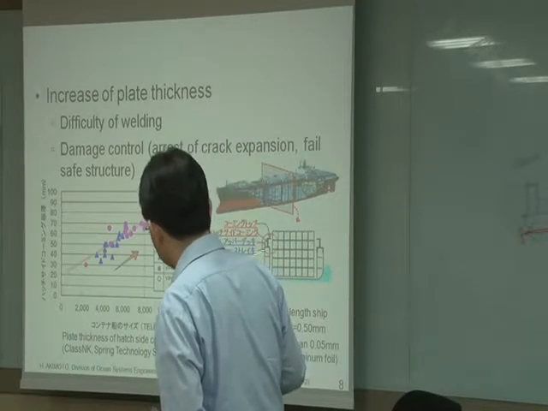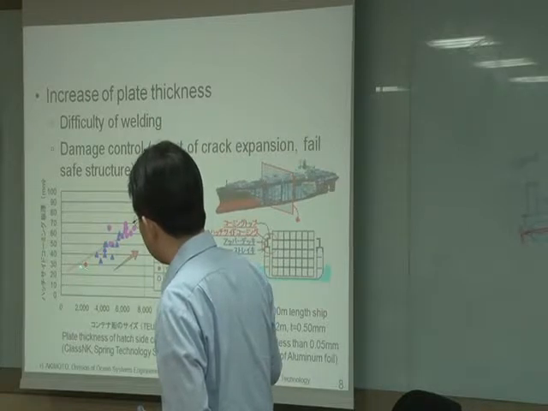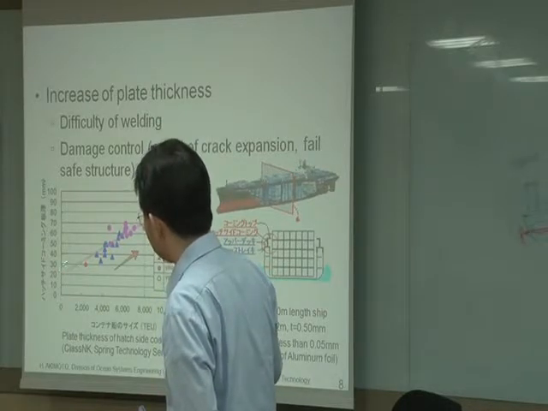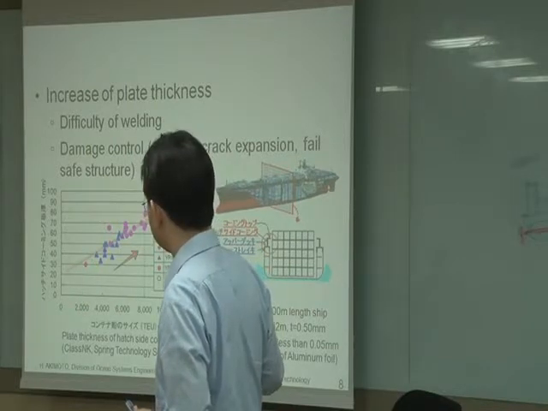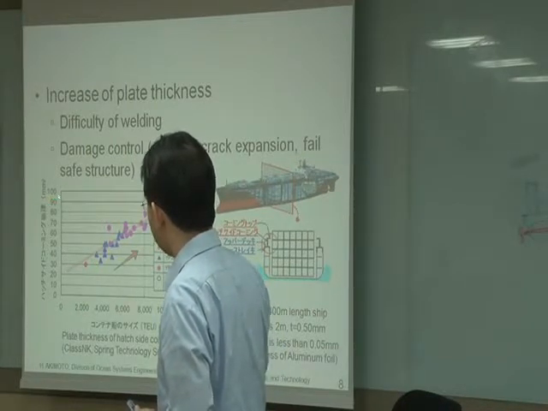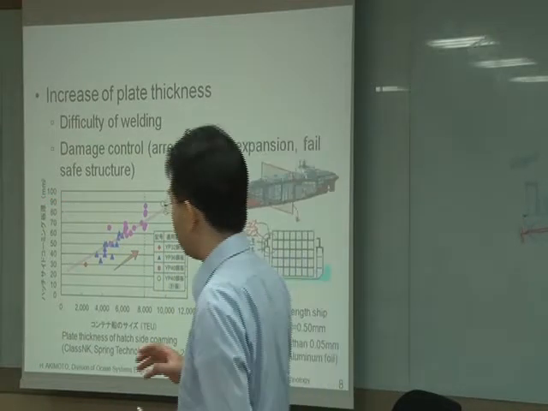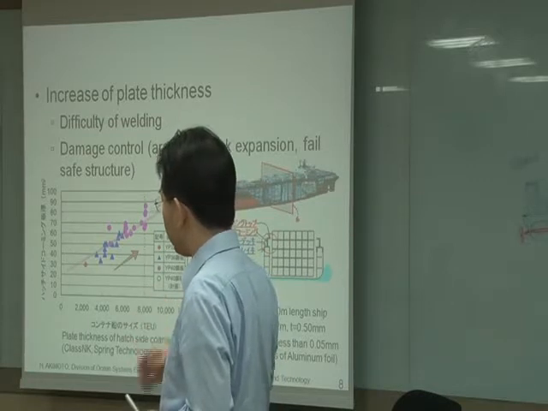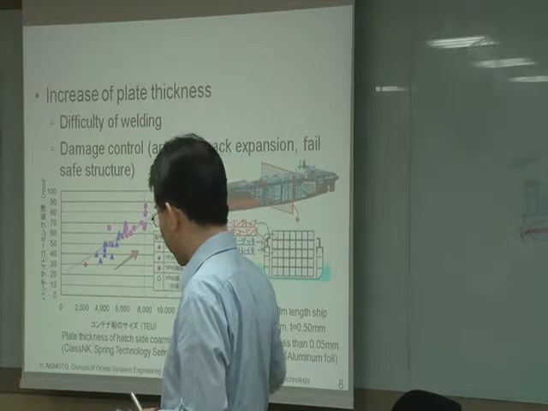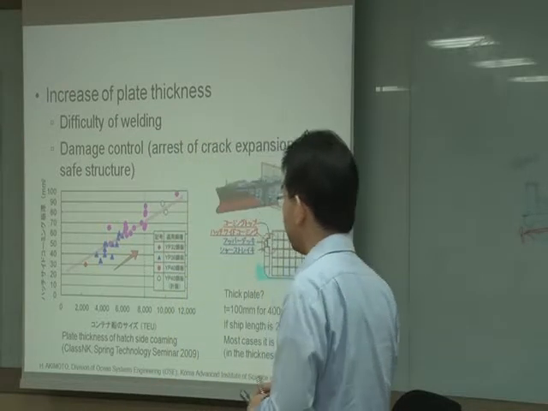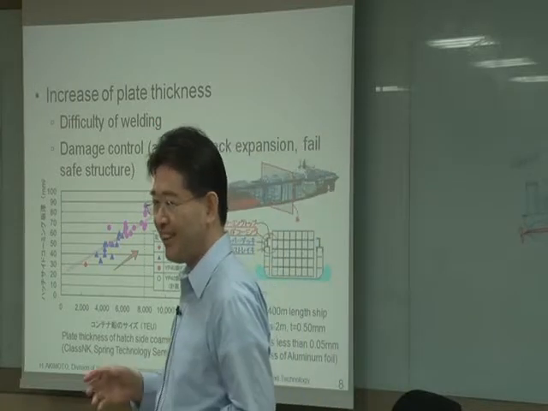The thickness of this part was around 30 millimeters when the container size was 2000 TEU, but it is now 100 millimeters. If we want to utilize very thick iron plate, it leads to difficulty in welding. Welding, do you know welding? Okay.